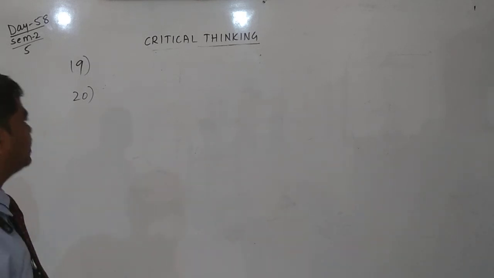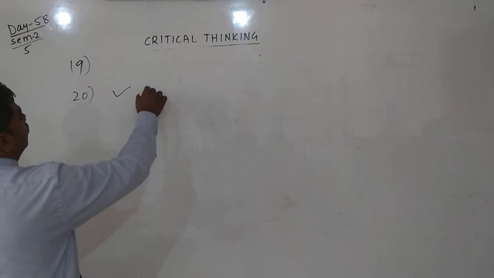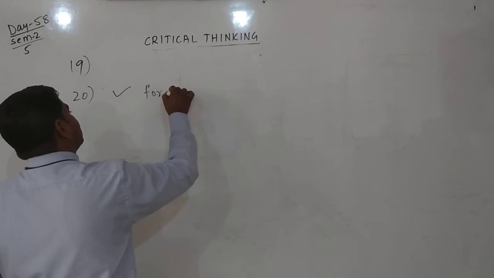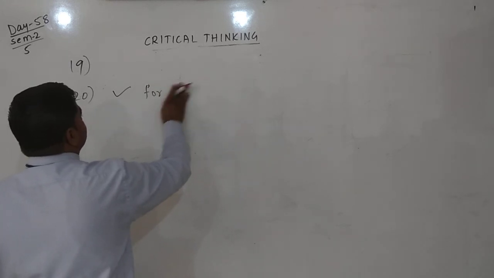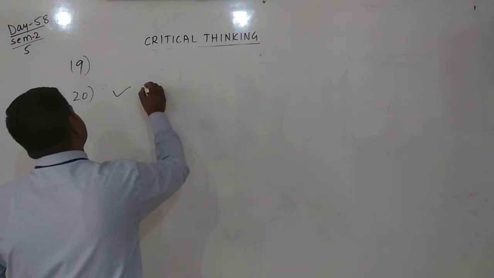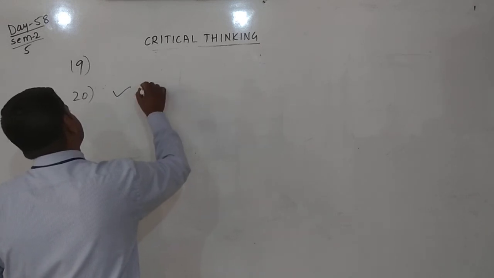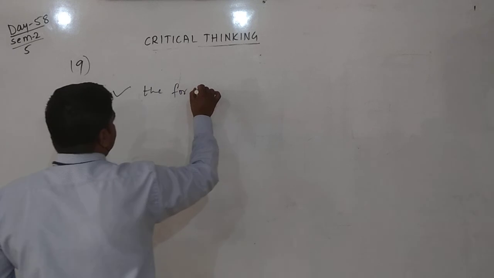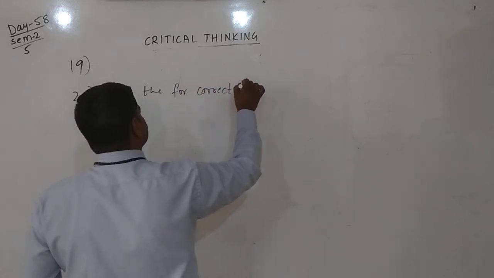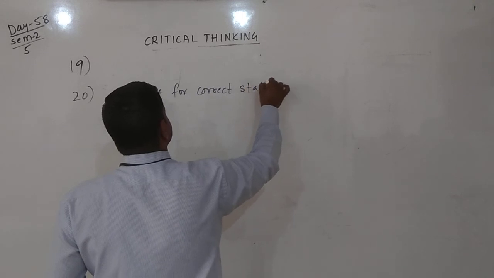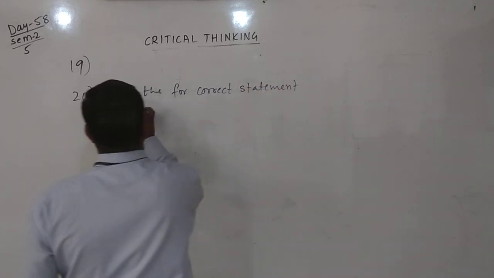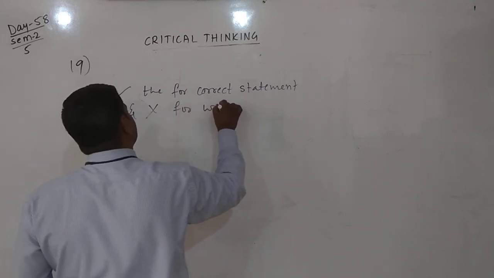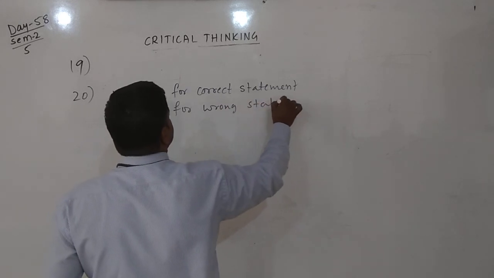If it is correct, you can tick correct for the correct statement, and cross out for the wrong statement. It should be like this.